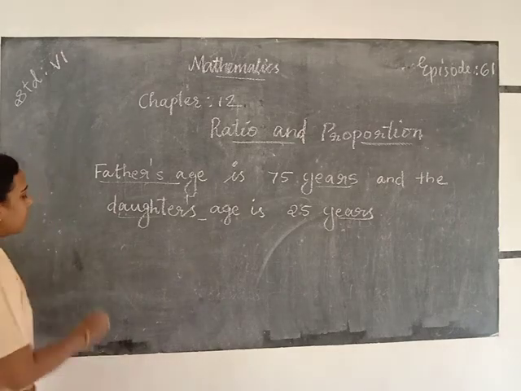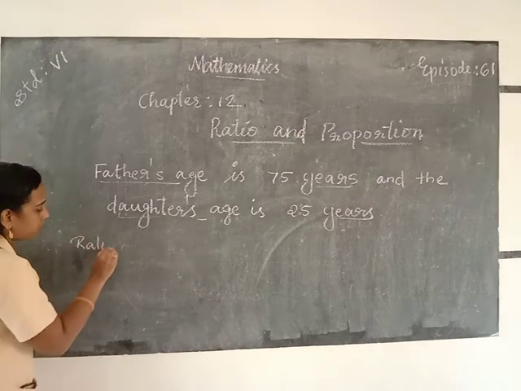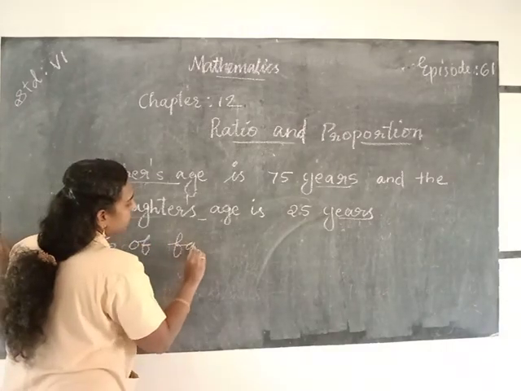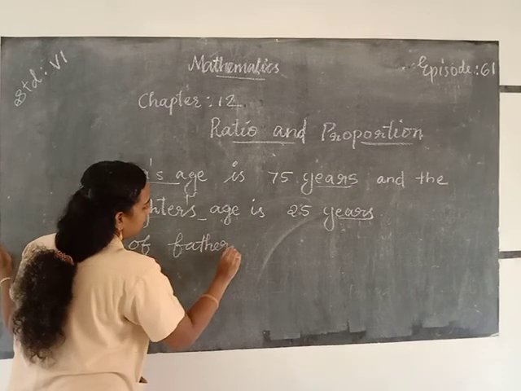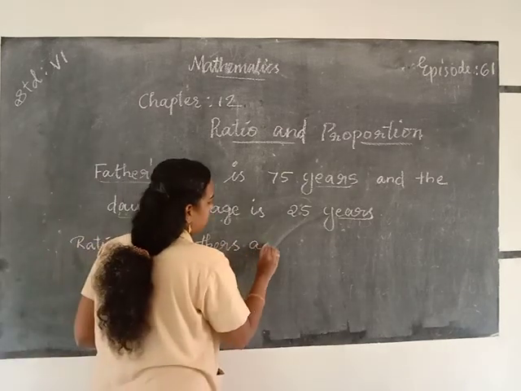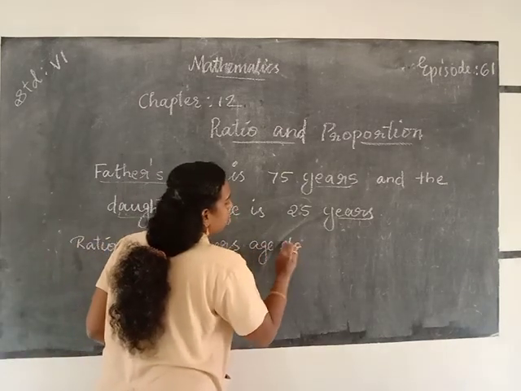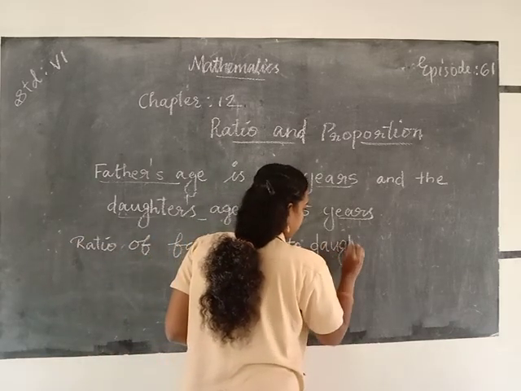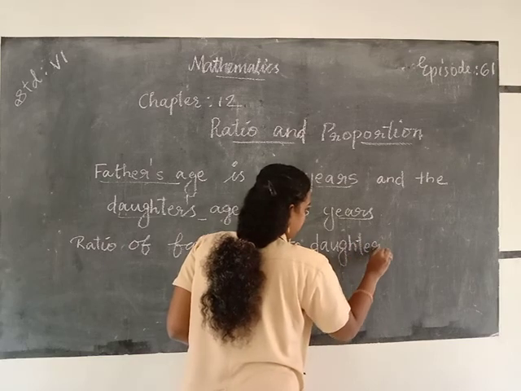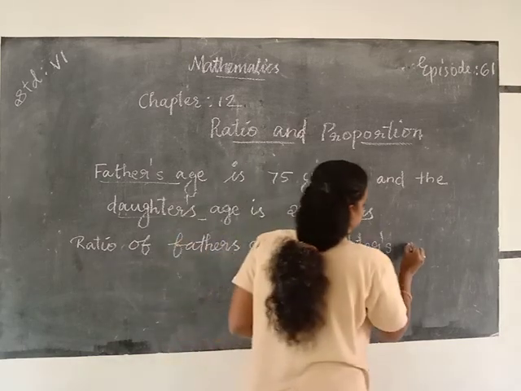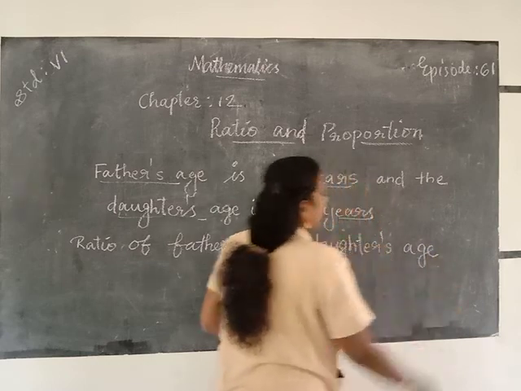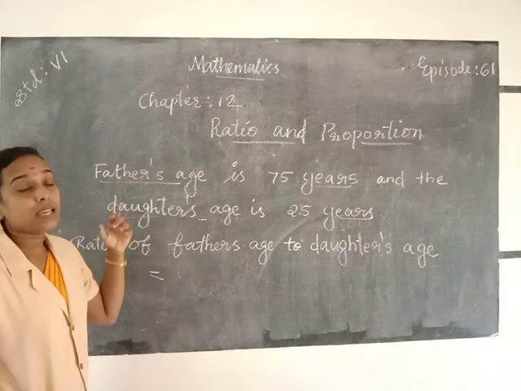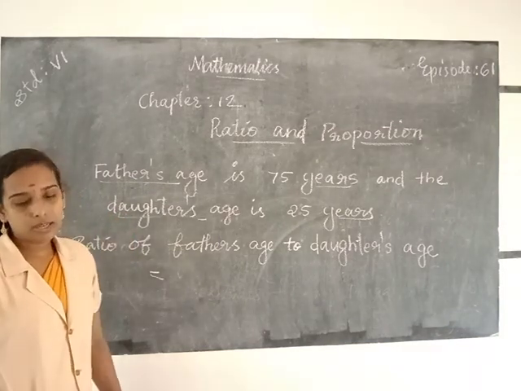So the answer is: ratio of father's age to daughter's age is equal to father's age divided by daughter's age.